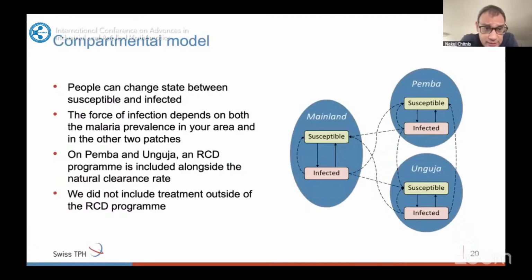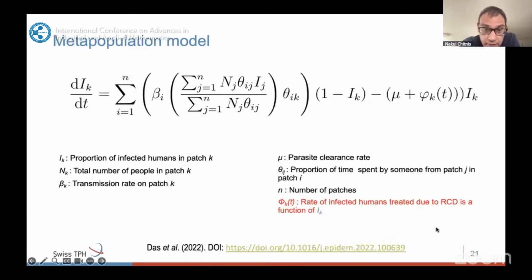We started with a simple compartmental model, so we just had an SIS model for transmission, but we had a metapopulation model where we had transmission in each of the two islands and the mainland with movement between them. And this is a model where K is either 1, 2, or 3, representing the two islands or the mainland. And the transmission on any island is the number of infected people on any island.